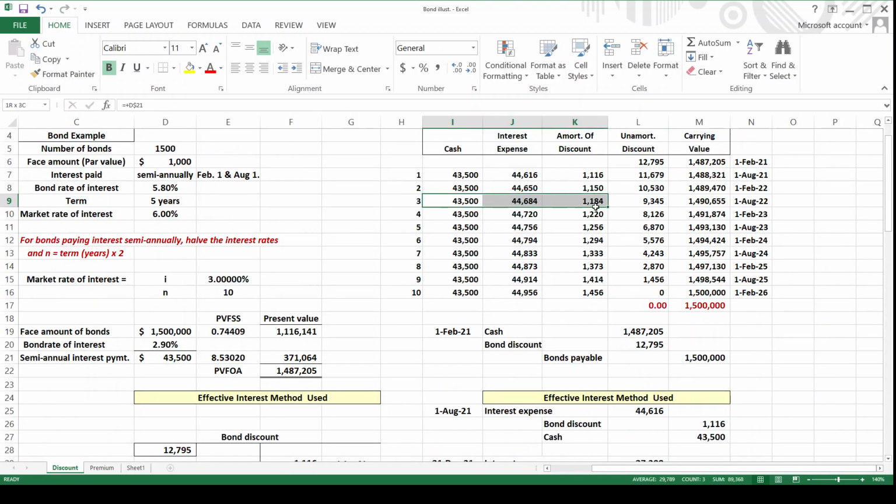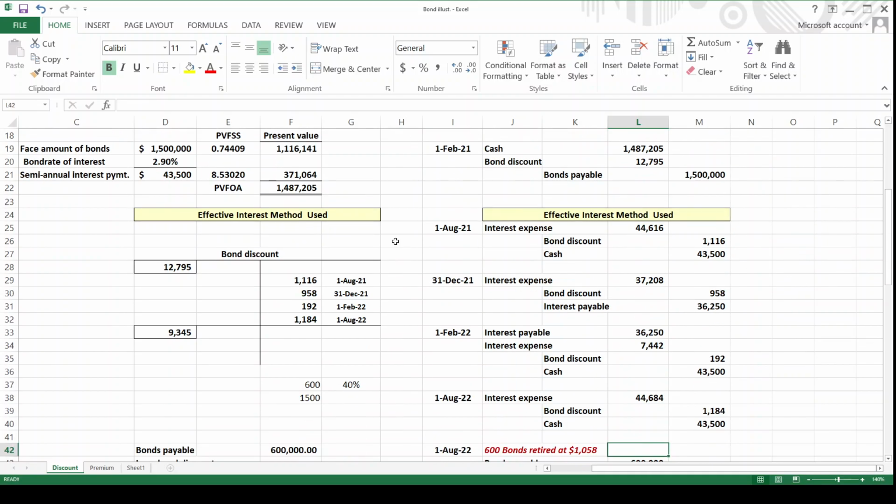So we're over here. Bond discount, according to this, is $93.45 after the third payment, which is the balance in this little T account here.